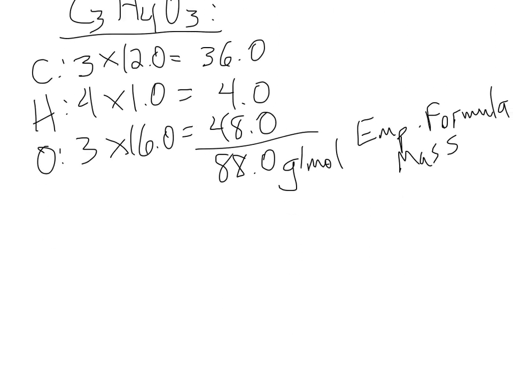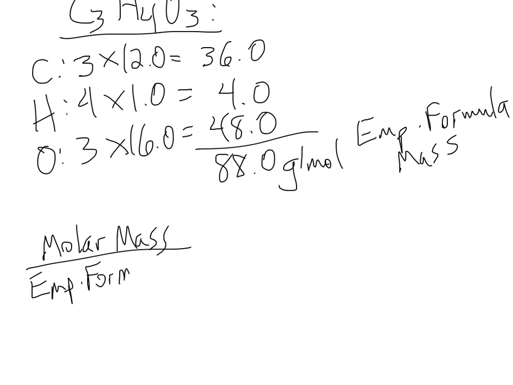To get the molecular formula, we'll take the molar mass divided by the empirical formula mass. And when you do that, this time you should definitely get a whole number, because that whole number will tell you what to multiply the subscripts by within the empirical formula to arrive at the molecular formula.